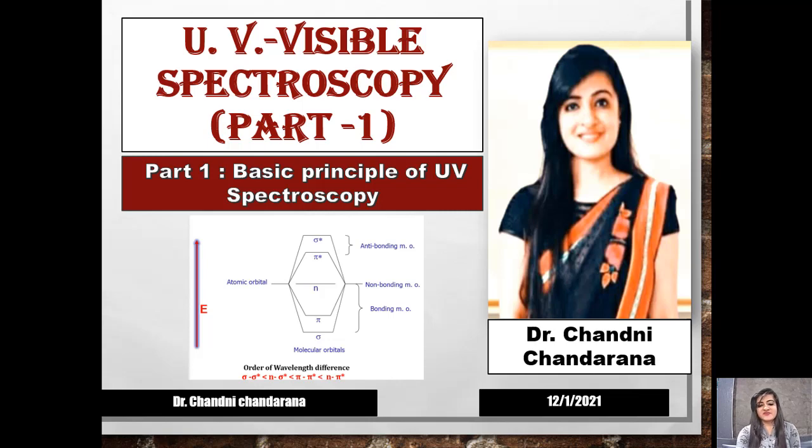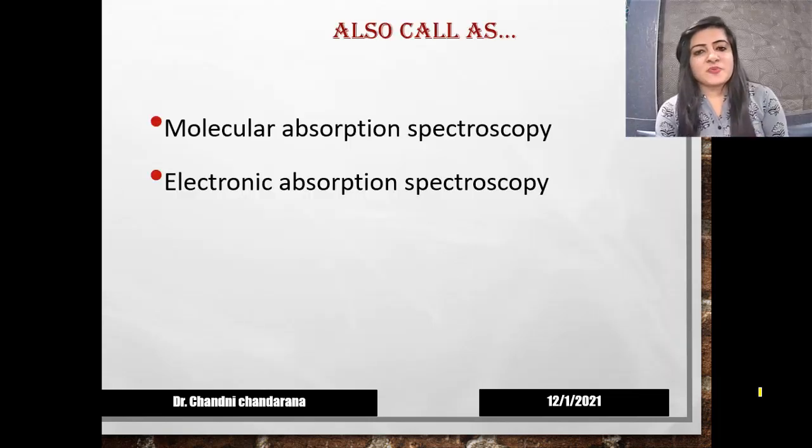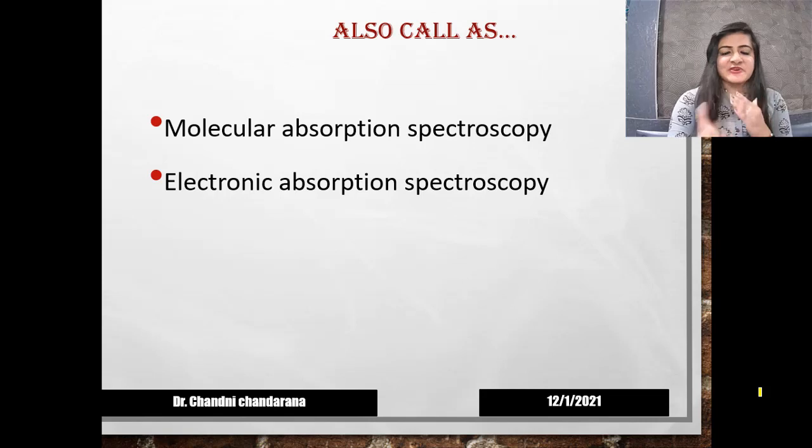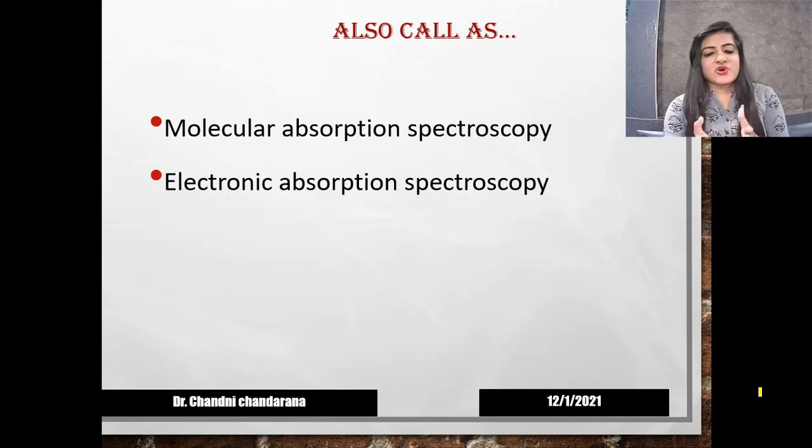So let us start. UV spectroscopy is also called molecular absorption spectroscopy because the basic principle is absorption, and it's a type of molecular spectroscopy. It is also known as electronic absorption spectroscopy because the basic principle involved is electronic transitions.